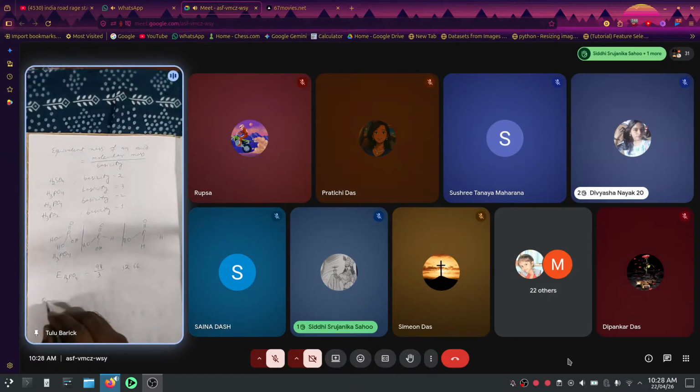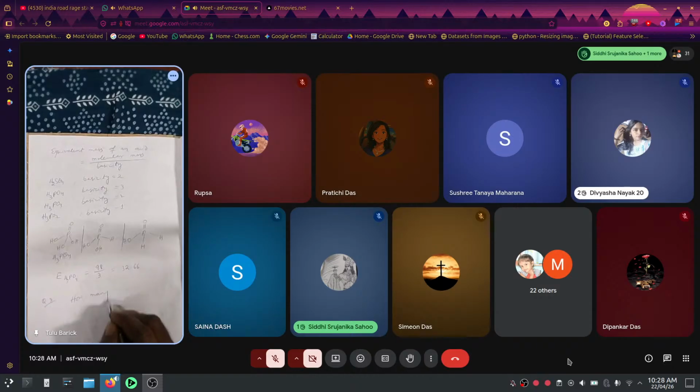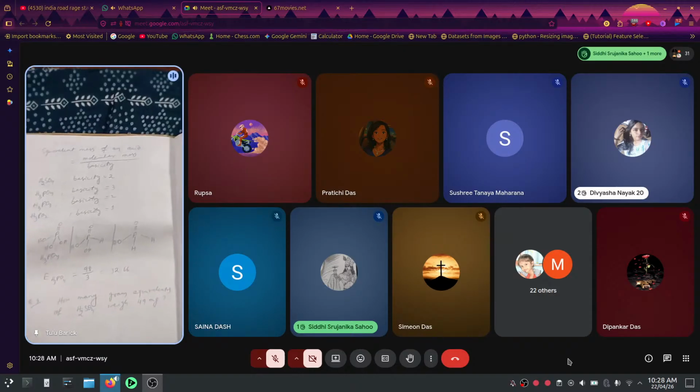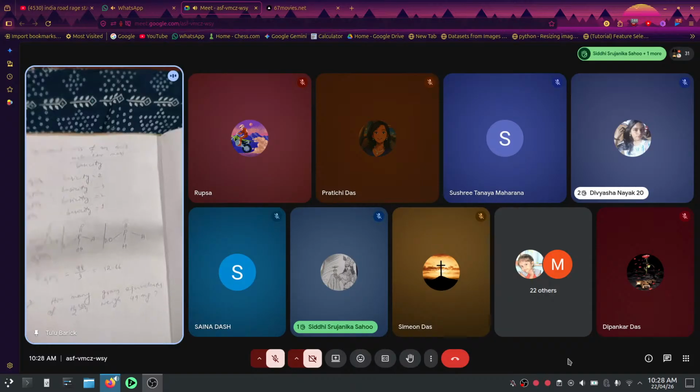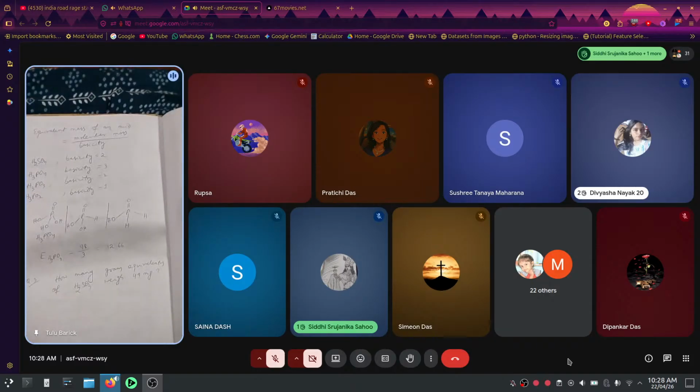Now one more simple question. How many gram equivalents of sulfuric acid H2SO4 weigh 49 milligrams?